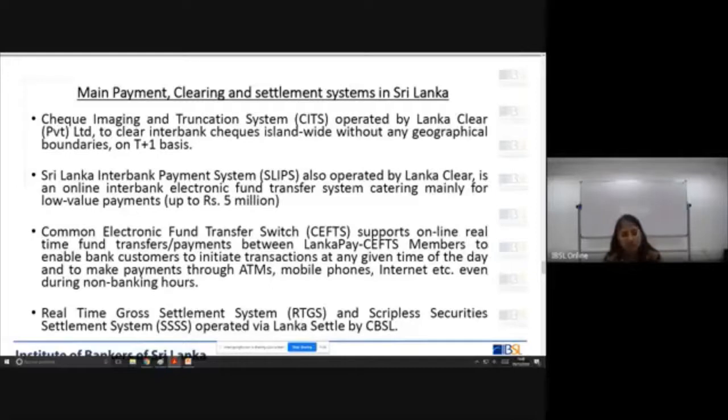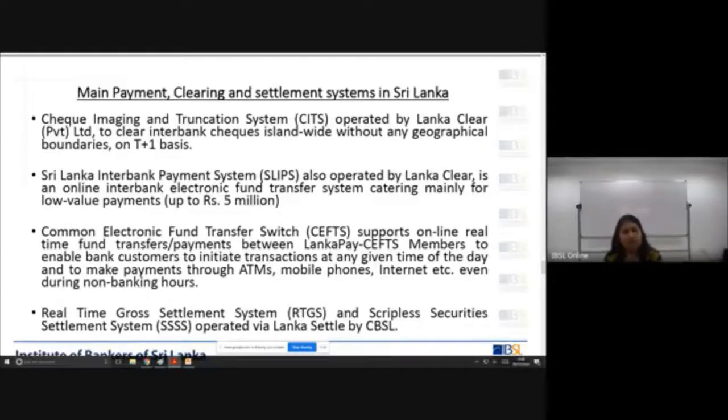We have certain cutoffs, and the payment has to be made by that cutoff. If you make the cutoff in the morning, even by 12:30, your beneficiary can get the funds within the day. If you do it in the latter part, I think it's the 3 o'clock or the 3:30 cutoff, the funds will come in the very next day.